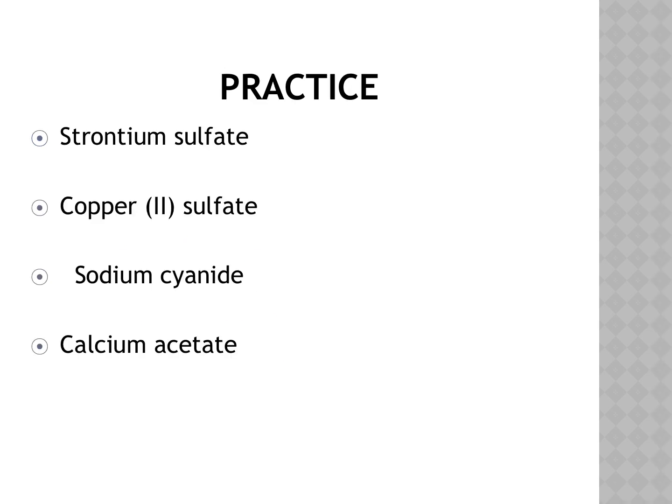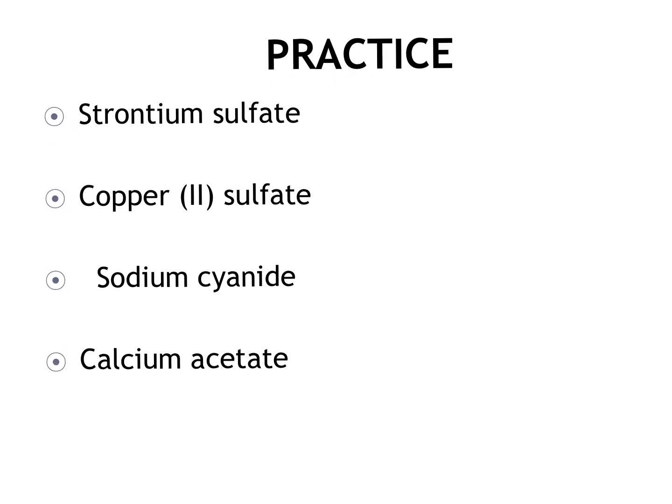Okay, we're going to do 4 more together. Our first one is strontium sulfate. What's the symbol and charge for strontium? Okay, strontium Sr, what kind of charge does it have? Okay, +2. All right, and then sulfate.